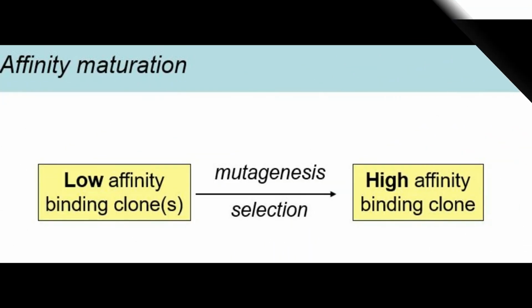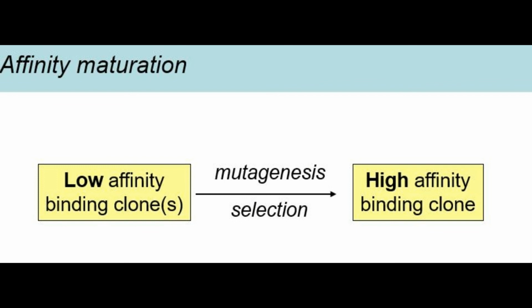The last topic that we can cover for these phages is called affinity maturation, which basically indicates that if you have a low affinity binding clone, you can have some sort of mutagenesis operation and then a selection criteria by which you would generate a high affinity binding clone. So you can generate the additional variability, that is the mutation, through events like a CDR walk. CDR walk is the coding region having some sort of a randomization or consecutive mutation happening to it.